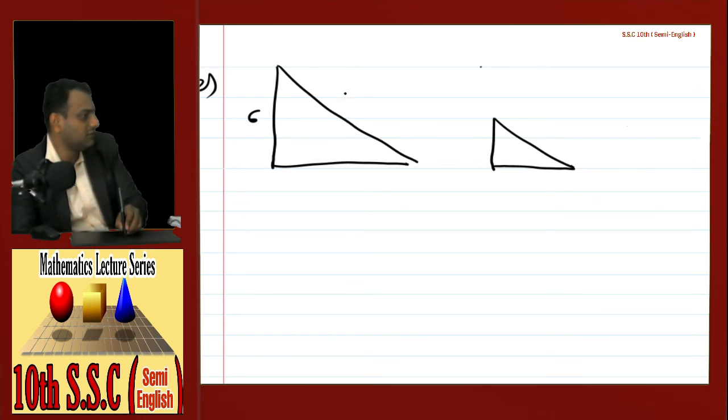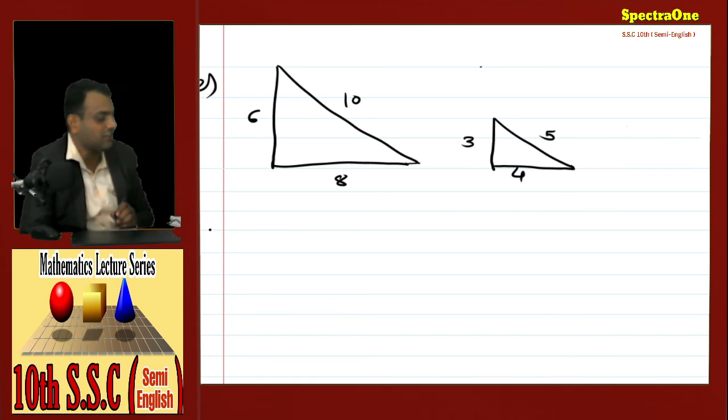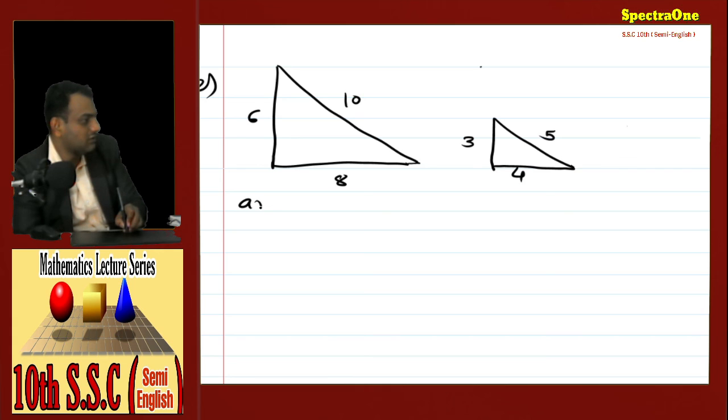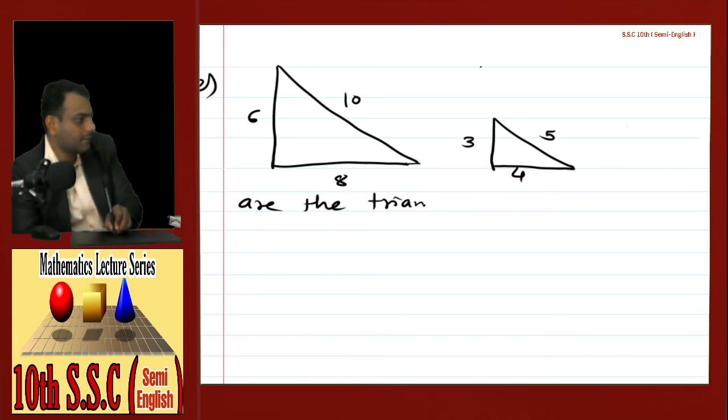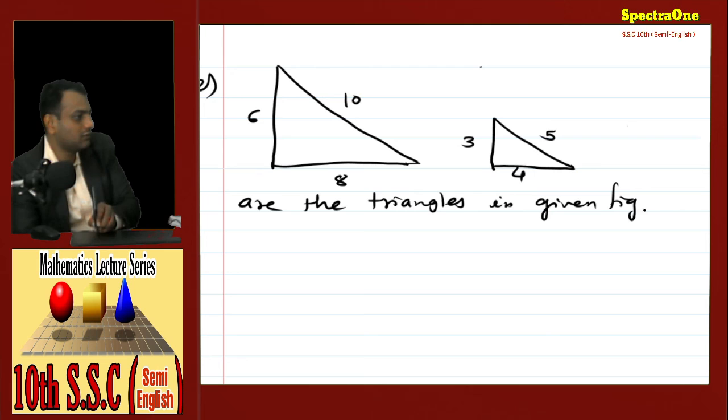Their sides are given: 6, 10, 8, and 3, 4 and 5. And the question asked is: are the two triangles in the given figure similar?